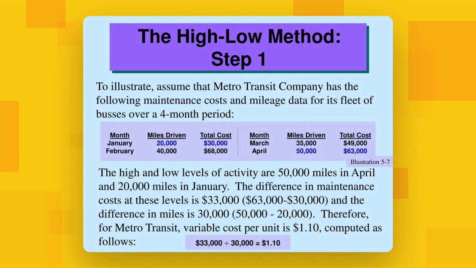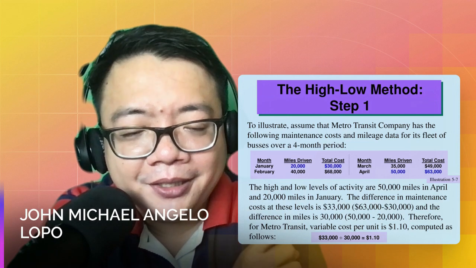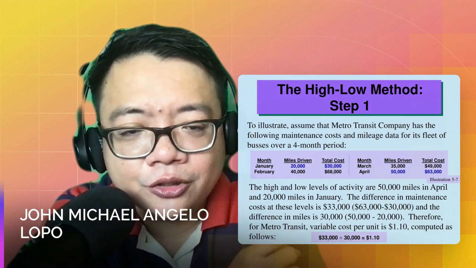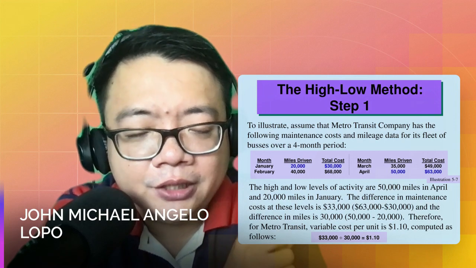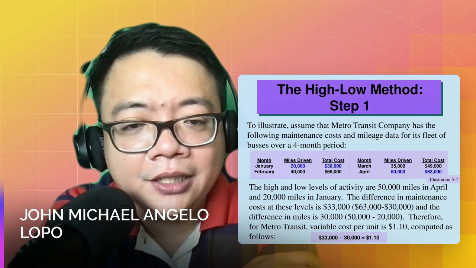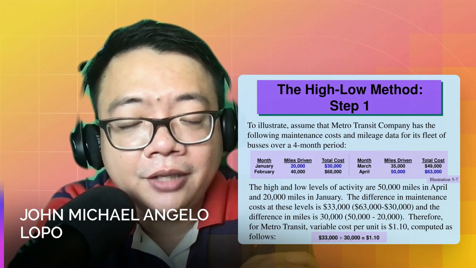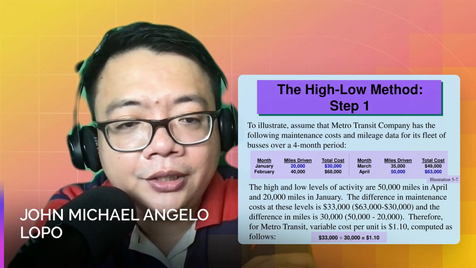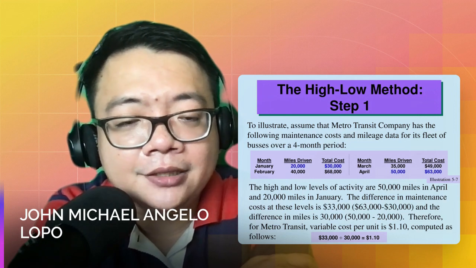Please take note of this formula. What's our formula, class? Number 1, the cost of the highest activity. Get first your highest activity. What is the highest activity there? The activity is miles driven: 20, 40, 35, and 50. What would be your highest activity?